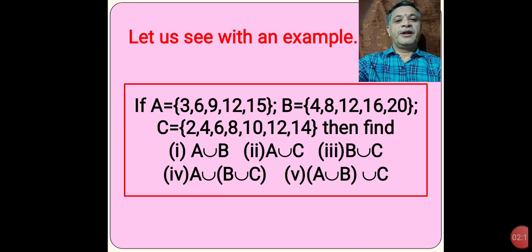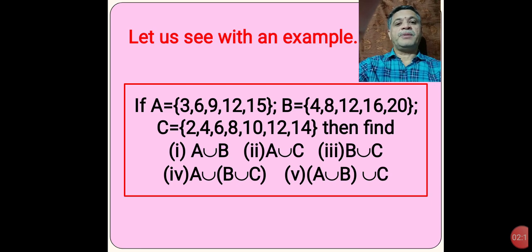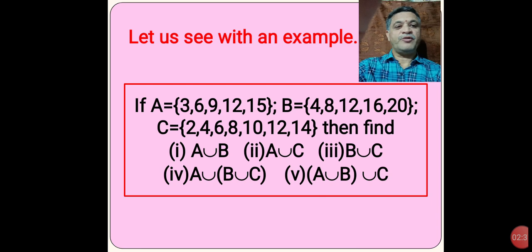Now we will see one example to learn the union of sets. Given in the problem, let us see the example. If A = {3, 6, 9, 12, 15}, B = {4, 8, 12, 16, 20} and C = {2, 4, 6, 8, 10, 12, 14}.